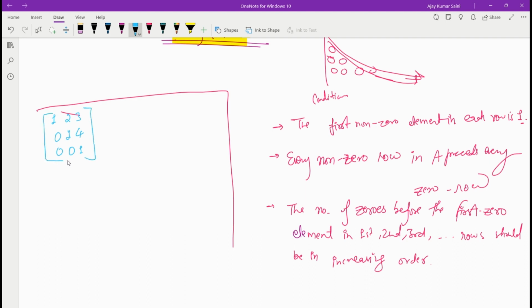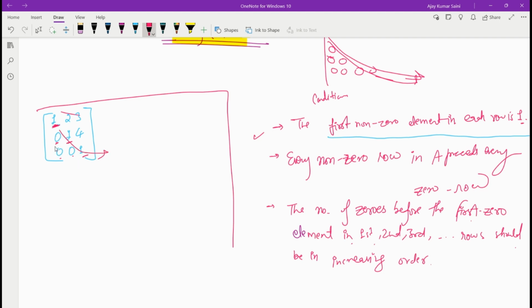You can see that the first non-zero element is 1. This row starts with 1, this also 1, this also 1. Every non-zero row precedes the zero rows. And the number of zeros before the first non-zero element in the first, second, third row is in increasing order. You can see here that it is also increasing.